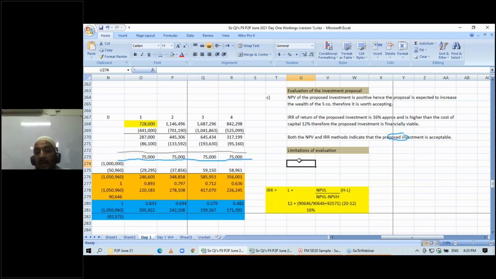Or by limitation, we mean that we need a better technique or a better formula, so that we can use that formula and properly decide whether the investment is acceptable or not. So by limitation, what do we mean?